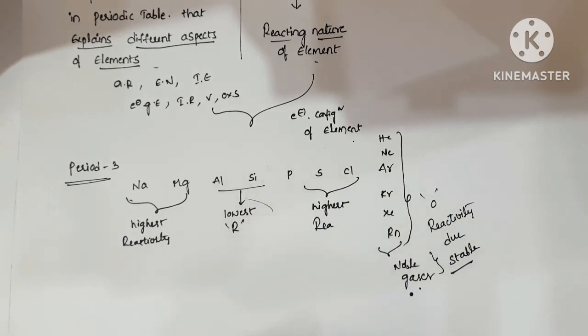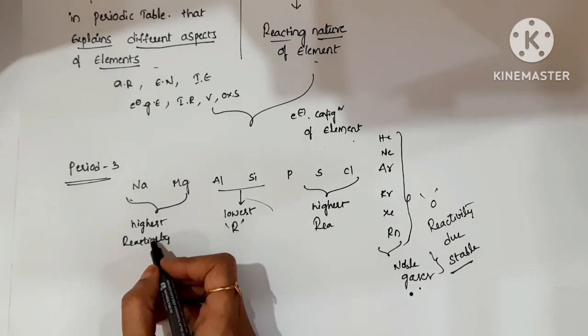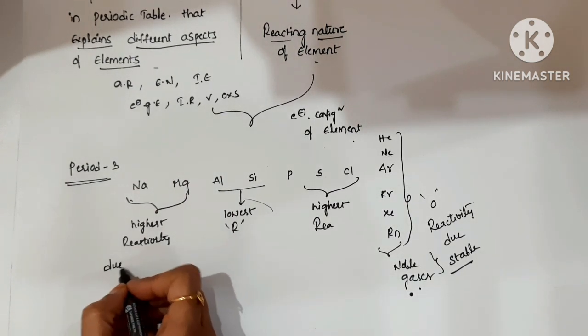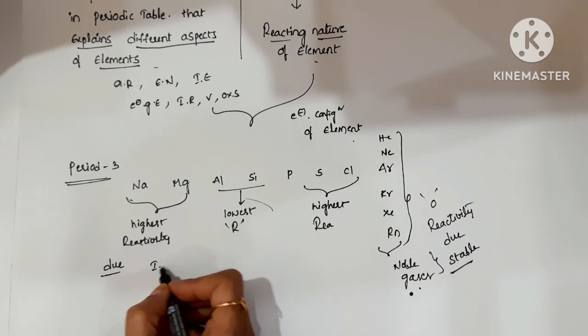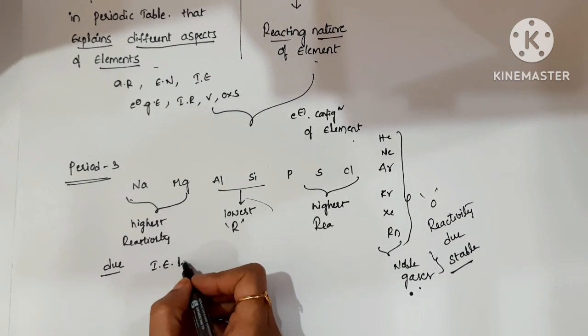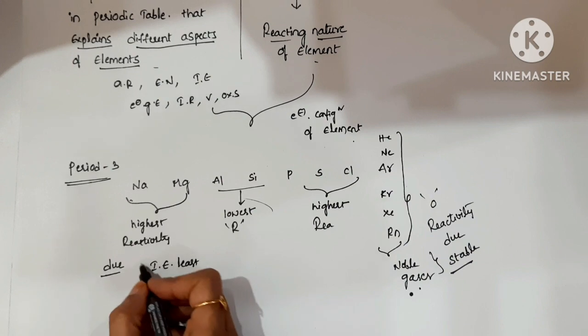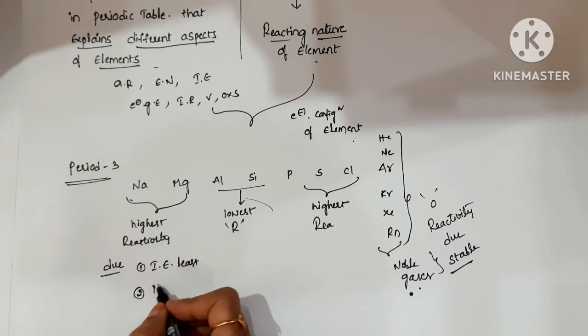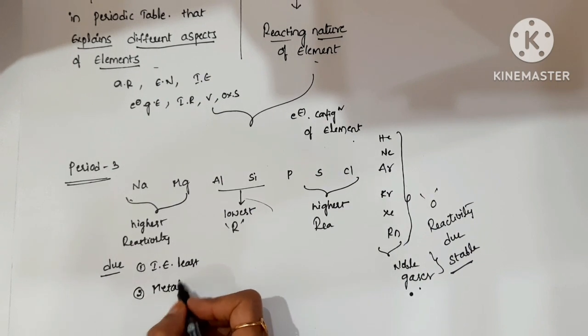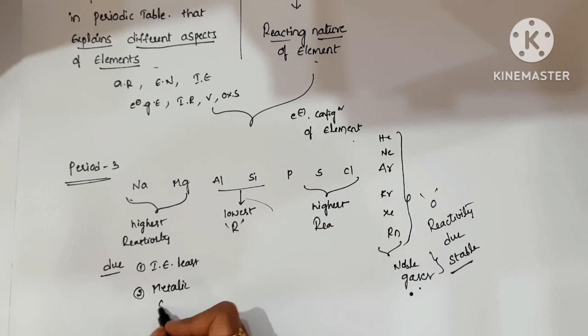Why? On the left, the highest reactivity is due to the least ionization energy, and metallic character increases here.